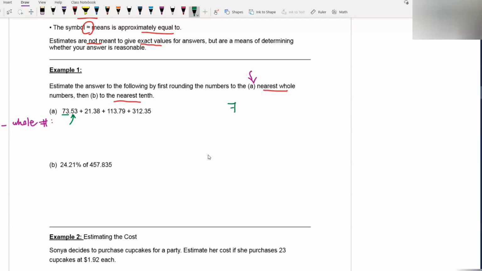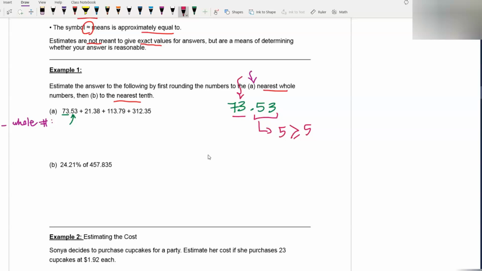So I'm just writing here. This is the whole number, but this part is the decimal part. Looking to the right of the whole number, we have 5. 5 is greater than or equal to 5.